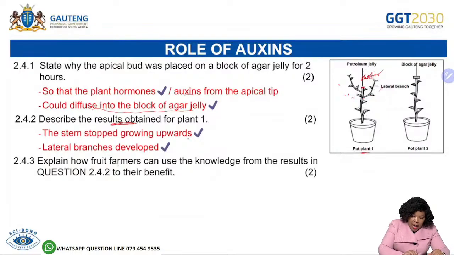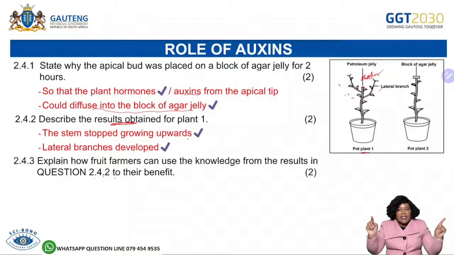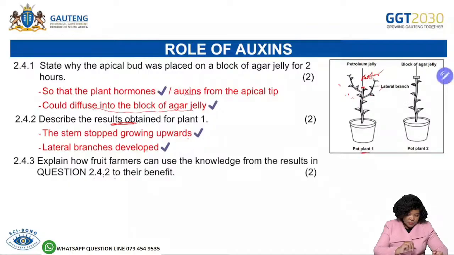Now, explain how fruit farmers can use the knowledge from the results in question 2.4.2 to their benefit. So, if farmers know that if they remove the tips and they remove the auxins, their plants are going to grow lateral branches, how is that going to help the farmers? Right.